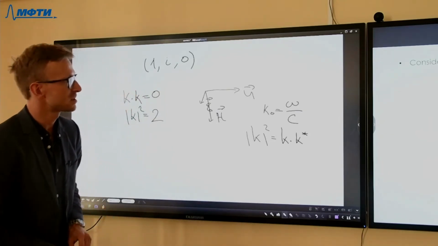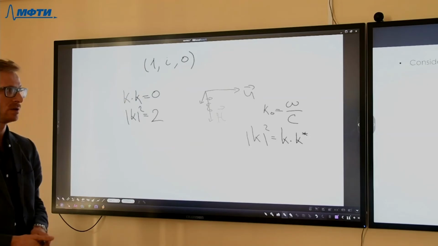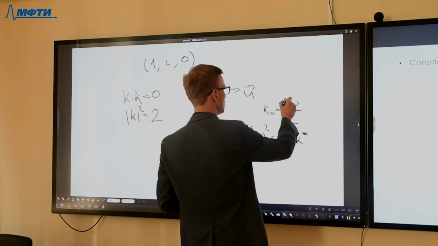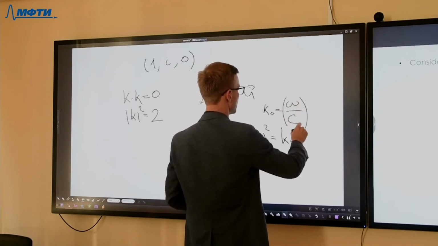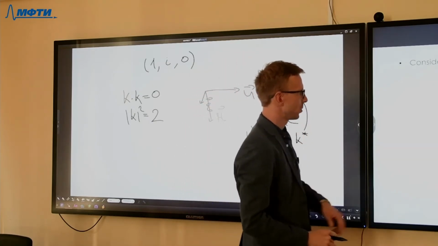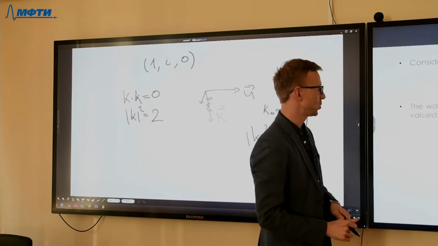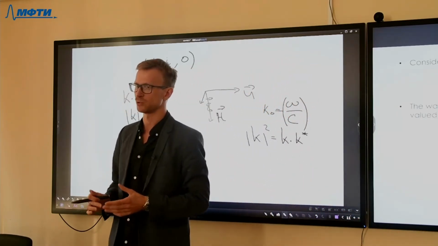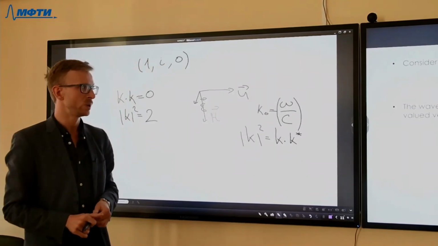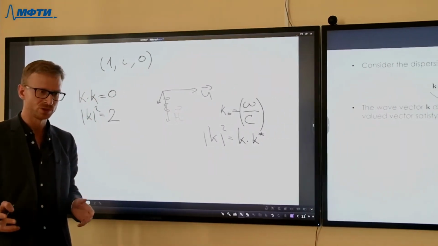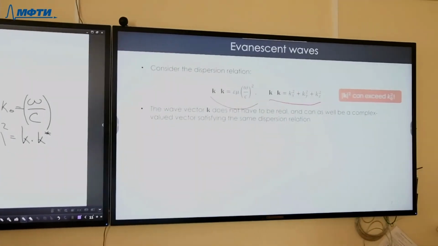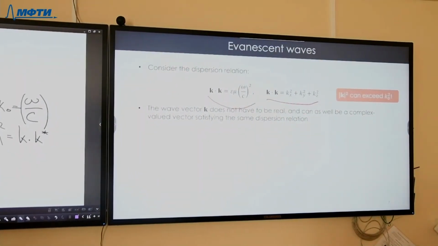So this is why the magnitude of k can in principle exceed the free space wave number, which in some slides will be denoted as k naught. Okay, so the wave vector k, no one tells us that k has to be real. It doesn't have to be, and we are allowed to consider any combination of vector elements that satisfy the dispersion relation.